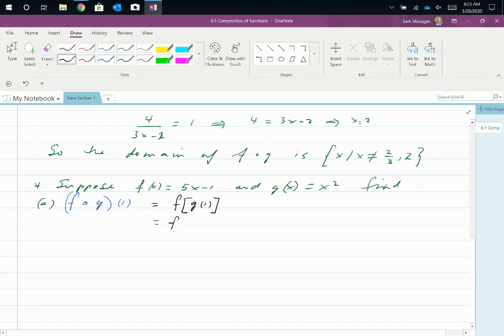Since g of x is equal to 3x squared, if we substitute 1 in here, we get 3. So now we're going to substitute the f function with 3. So this is 5 times 3 minus 1, which is equal to 14.